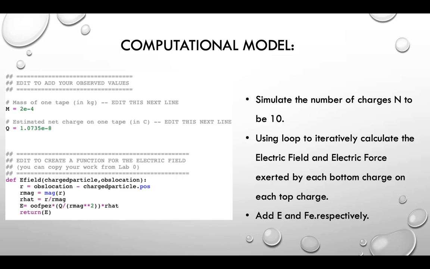After that, I simulate the number of charges n to be 10, and I use a loop to iteratively calculate the electric field and electric force exerted by each bottom charge on each top charge. Finally, I add the electric fields and the electric forces respectively to get the final result.